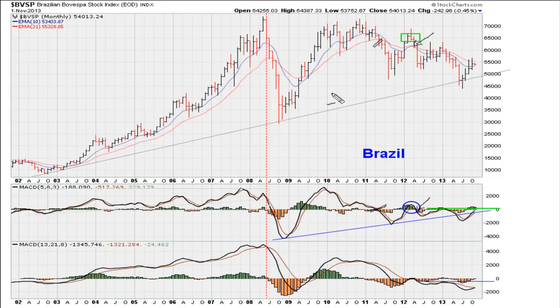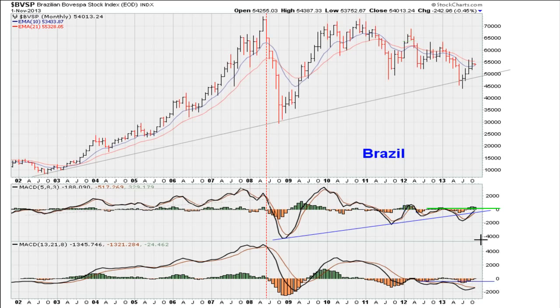For example, right now if you want to go long the Brazilian market, one of the things you have to consider is this crossover attempt that failed. So you draw a line there. The next time this MACD breaks out above that, that could be a buy signal. So it comes and tries to cross over here and fails. So draw a line.